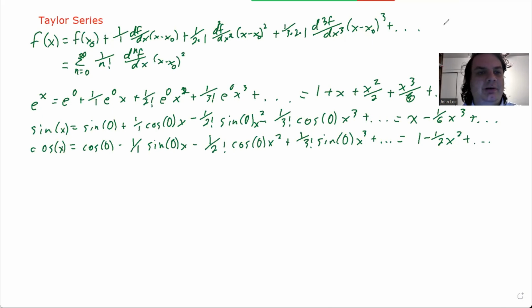I'm not going to derive the Taylor series, but it is that any function of x is equal to this equation down here: a sum of derivatives of the function times (x minus x naught) to the nth power over n factorial.